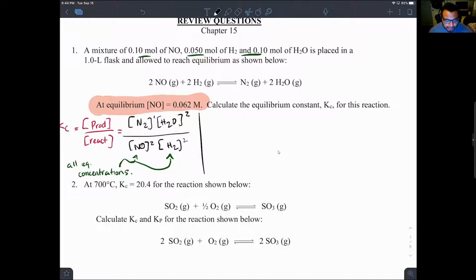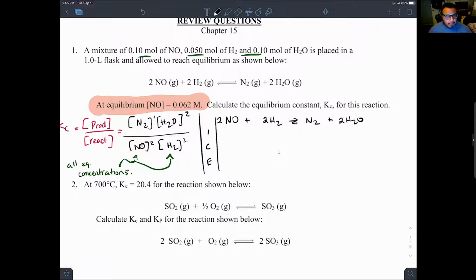The way we write that is we write out our expression, 2NO plus 2H2 and N2 plus 2H2O. We just write out our expression. We write a row corresponding to the initial concentrations, the change, and the equilibrium concentrations.